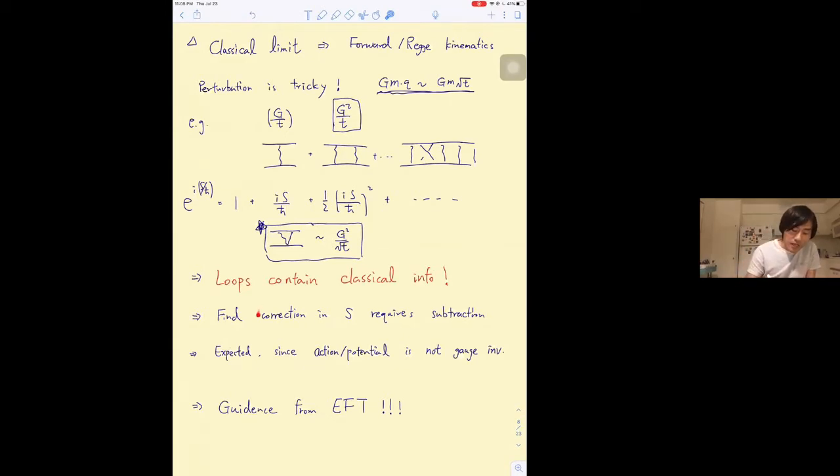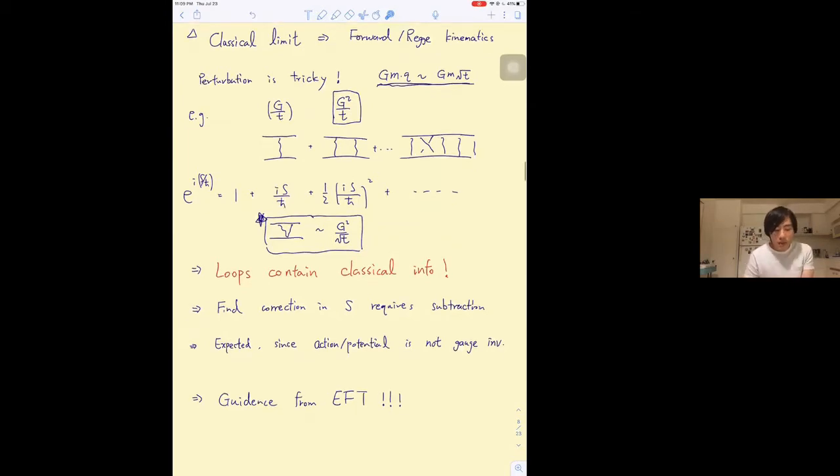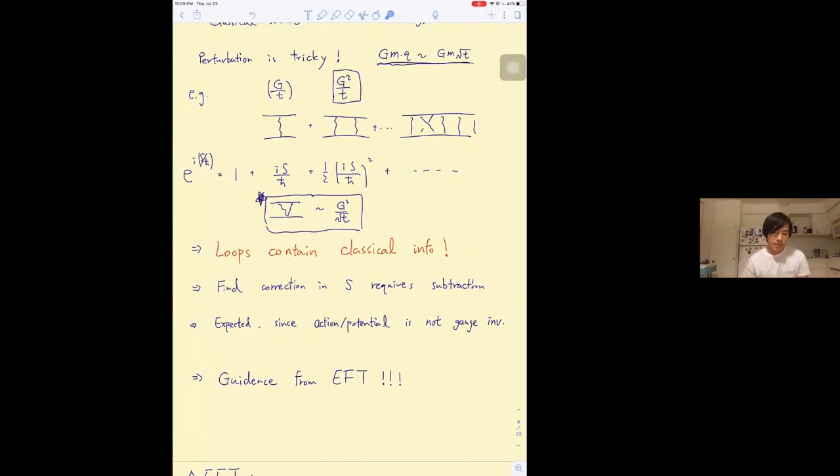So in order to find out the correction to the action, that means we need to subtract out this leading divergence. And as usual in field theory, when you subtract something divergent, that usually involves a scheme. So this finite part is actually scheme dependent. This is actually not surprising because after all, we are studying the correction to the action, and the action by definition depends on the gauge. So you can see from this point of view, the gauge dependence comes in from how you subtract this leading divergent part.